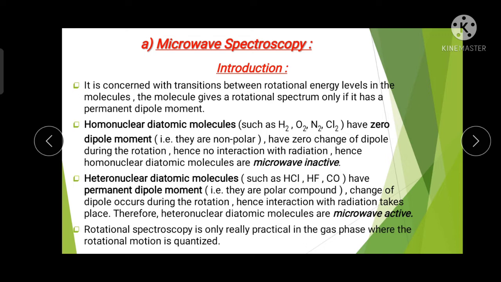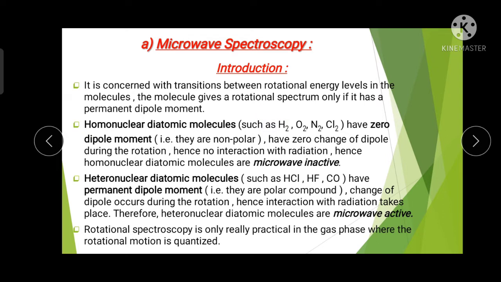First, the homonuclear diatomic molecules. Homo means same, that means only one element is present. Suppose we take the example of H2: there are two hydrogens, and they are the same, not like HCl. In HCl, hydrogen and chlorine are two different elements.